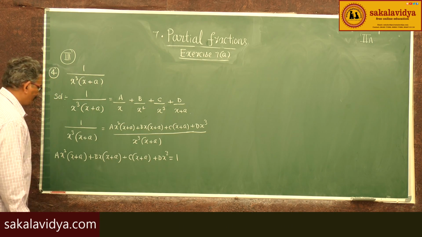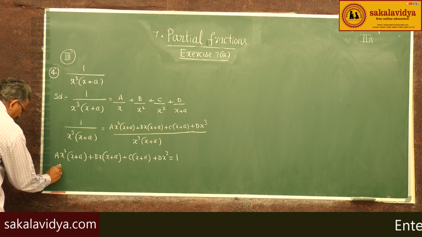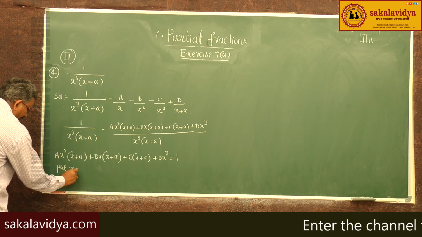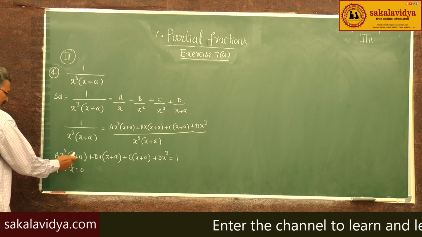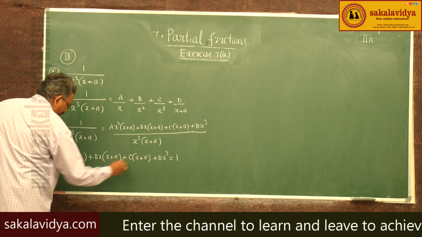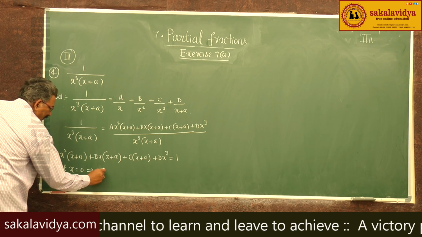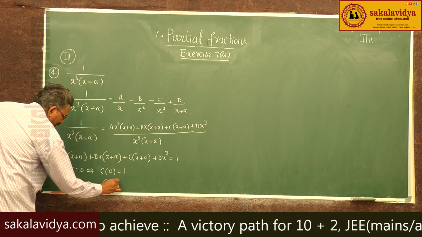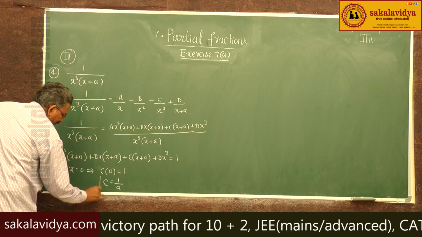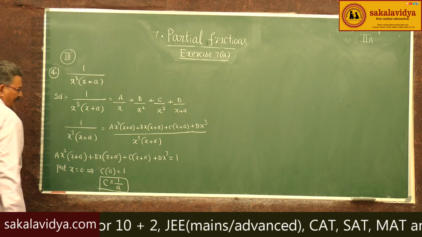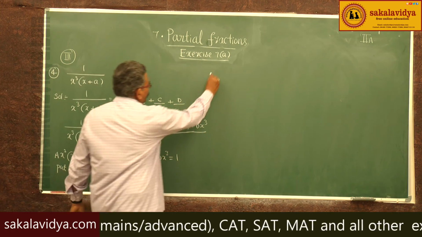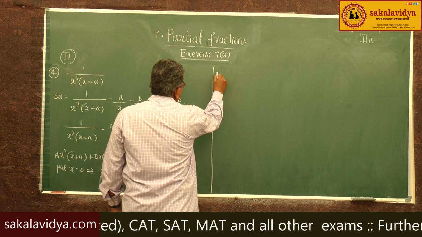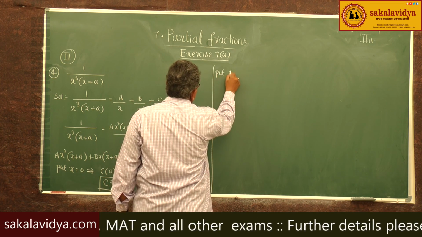Now, put x is equal to 0. If you put x is equal to 0, this becomes 0, this becomes 0, this becomes 0. So, c of a equals 1, c equals 1 by a. Now, put x is equal to minus a.